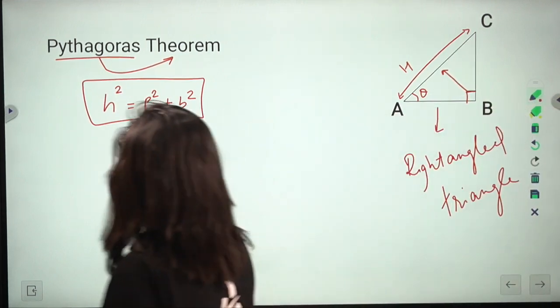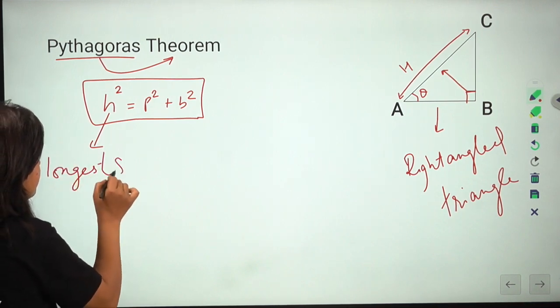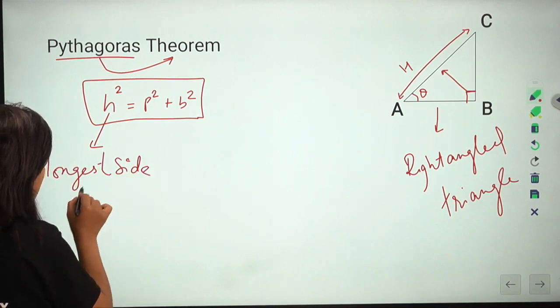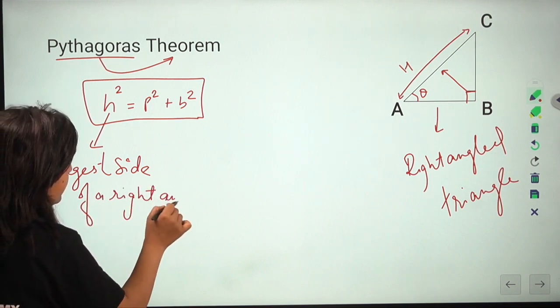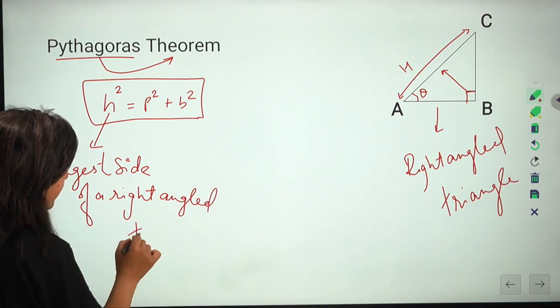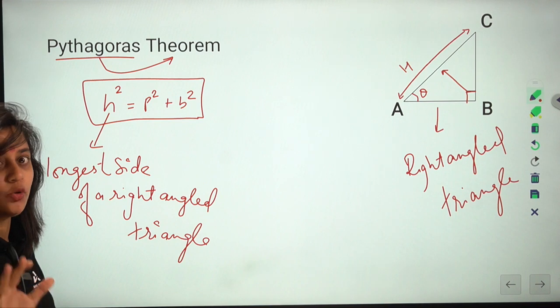So see, hypotenuse is the longest side of a right angle triangle. Clear? Longest side, don't forget that.